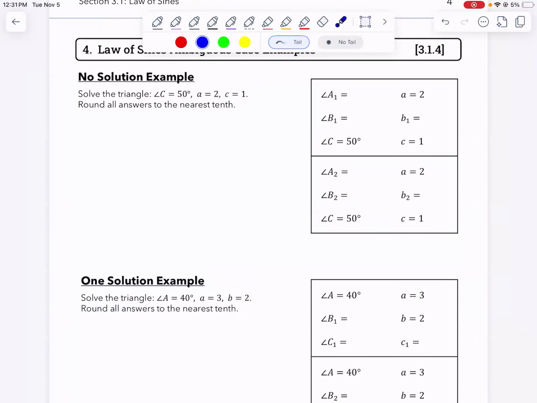All right, so for the no solution example, solve this triangle. The first thing I make note of when I do a problem like this, even though I know there's no solution here, is that I am starting with one acute angle. When you start with one angle, it's the ambiguous case.